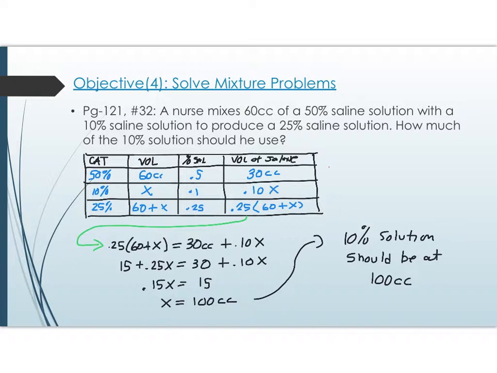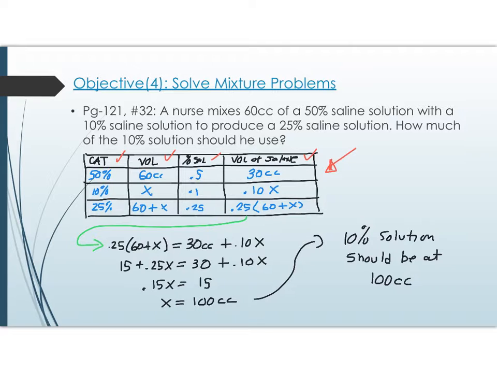You will notice that I start out with a table, and my table is the category, the volume that is being used, the percent of saline, and the volume of saline. So in this particular case, my categories are 50% solution, 10%, and 25% solution.